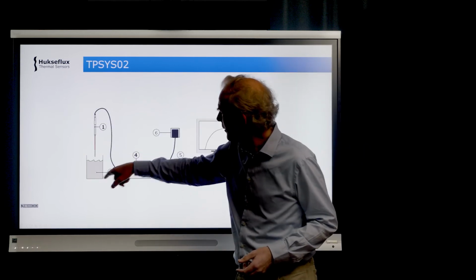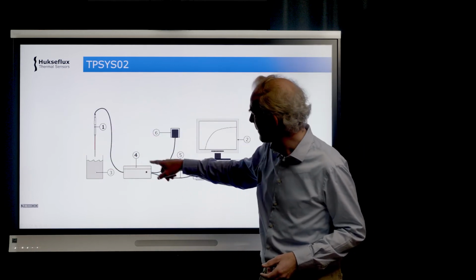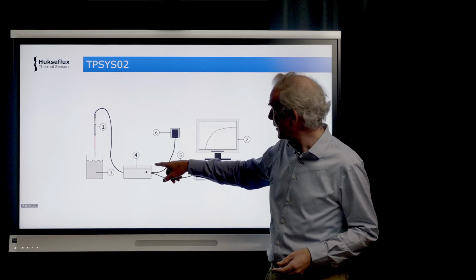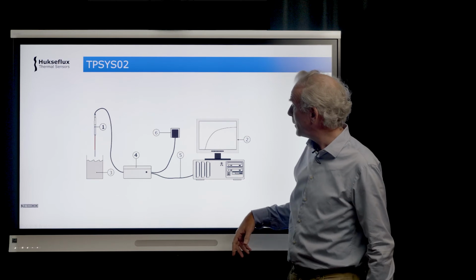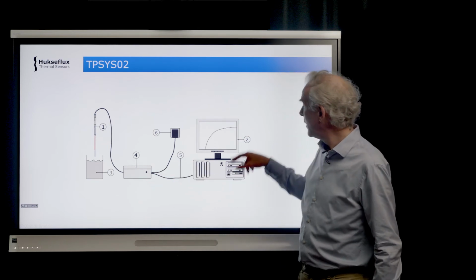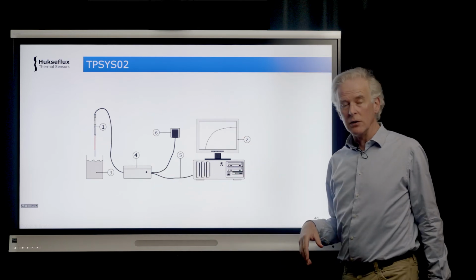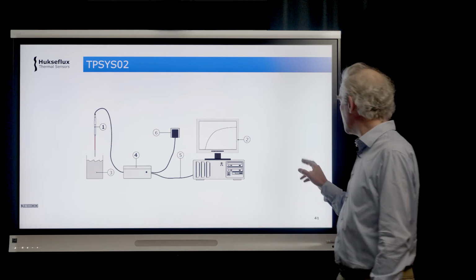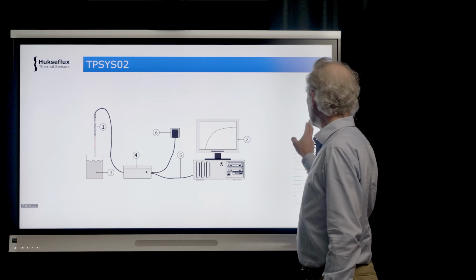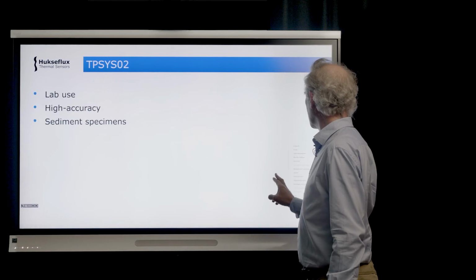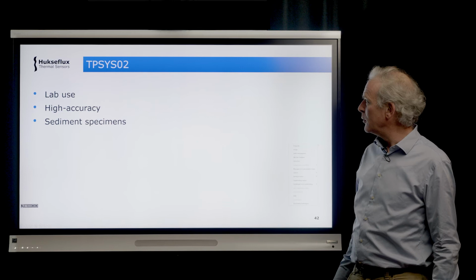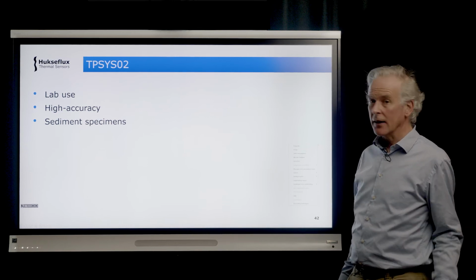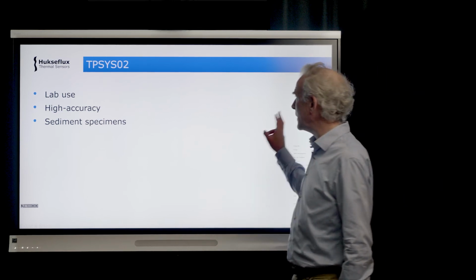You get your sample, needle, and the box, which we call the measurement and control unit. You have to connect that to power, so there are no batteries on board, and you connect it to your PC or laptop to operate the whole system. So TPSys is the system name: lab use, high accuracy, and a special application for sediment specimens.